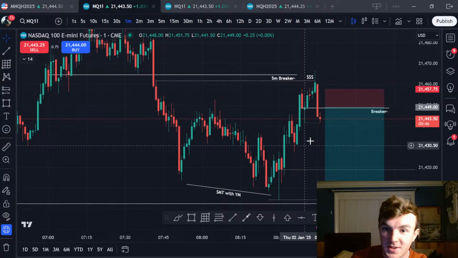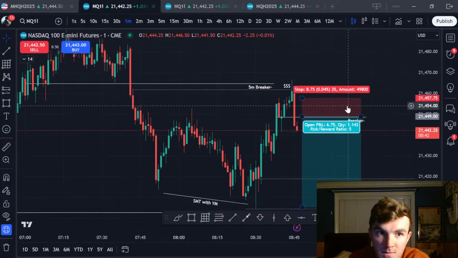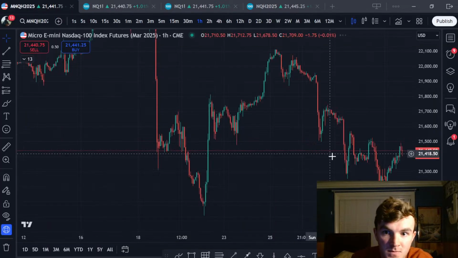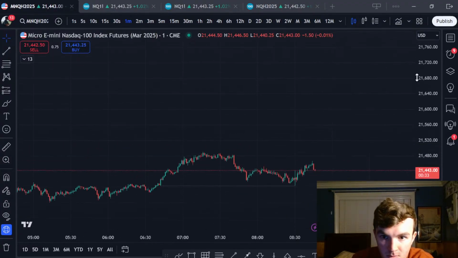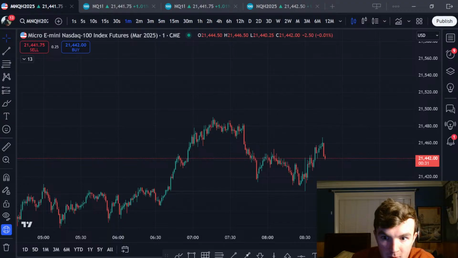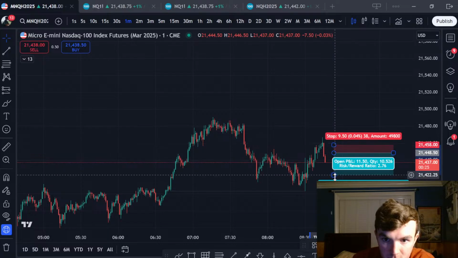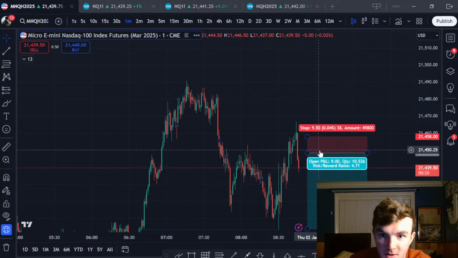This is a good RR trade. Oh, MNQ. Shoot. We left equal lows as well.